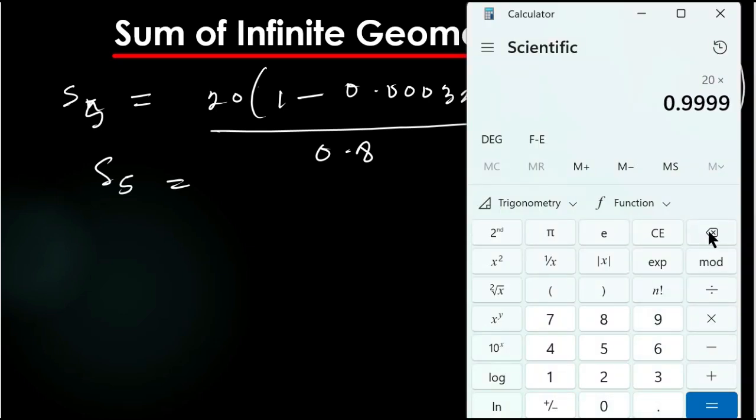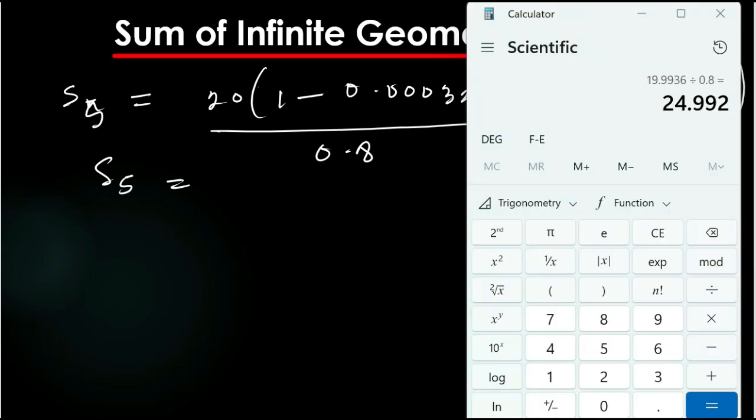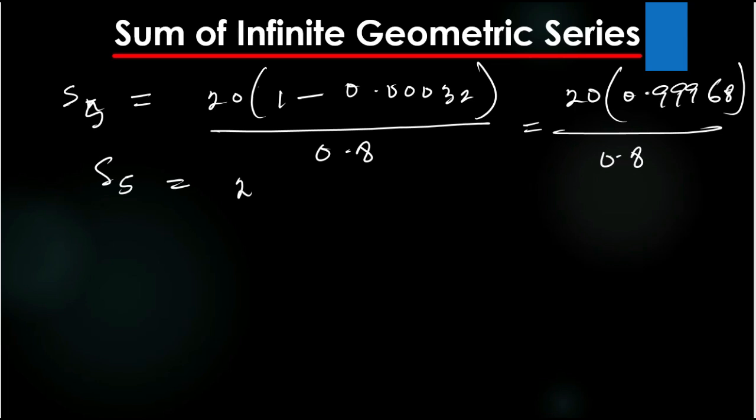I want to be very exact. That's 19.9936, divided by 0.8. That's equal to 24.992. Now we have only looked for 5 terms.